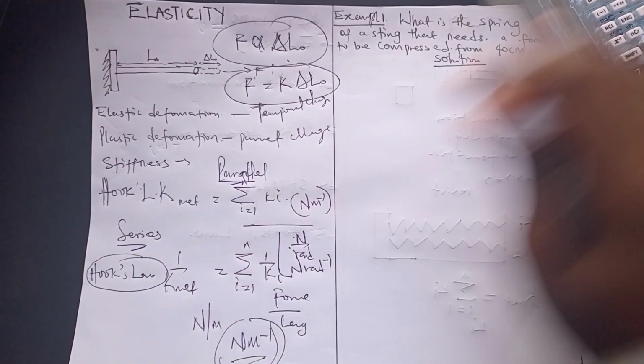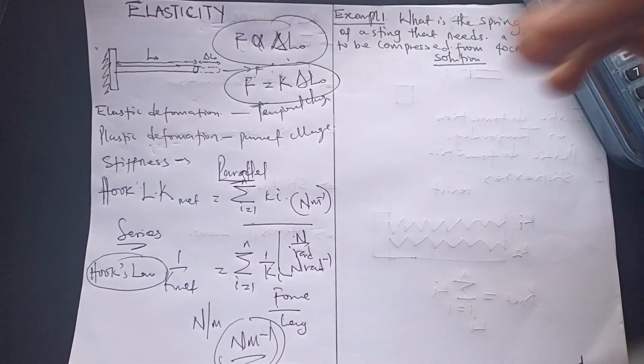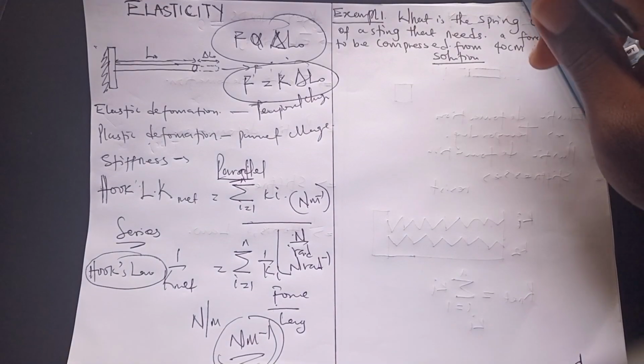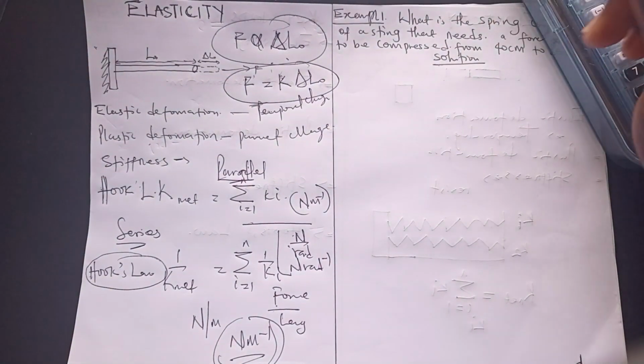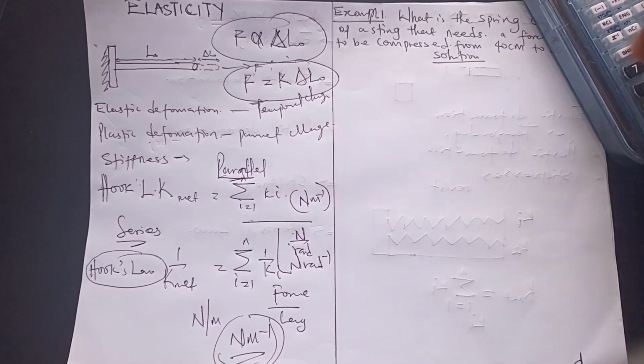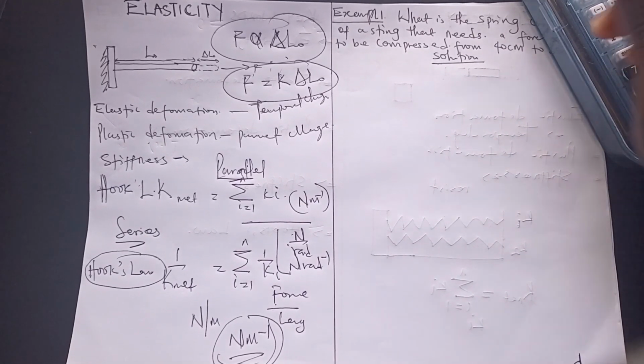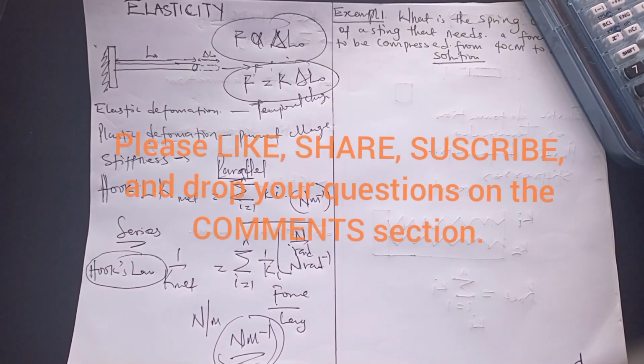This relationship is best described by Hooke's law, which states that an applied force is directly proportional to the extension it produces, provided that the elastic limit of the material is not exceeded. So Hooke's law states that an applied force is directly proportional to the extension.